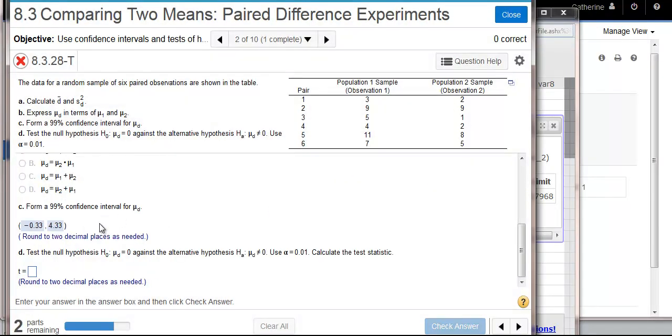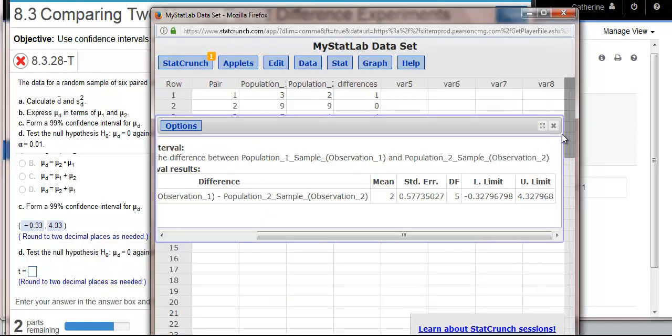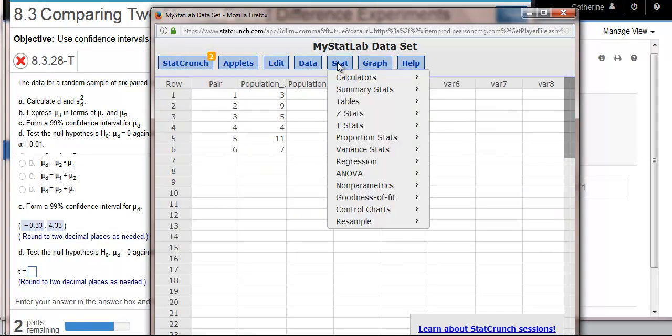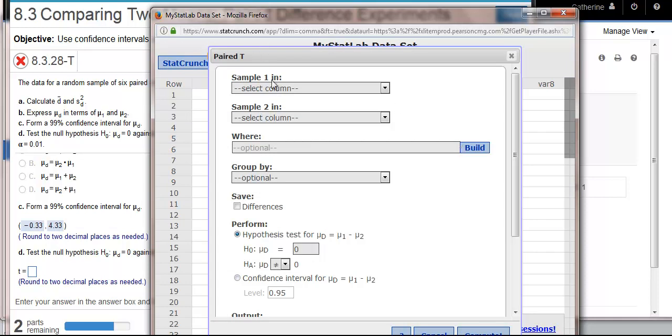So that worked out nicely, and now we want to do our t-test, so we can go back to StatCrunch for that as well. I'm going to close this window. Stats, T stats, we've got paired data. Again, we'll select our samples, and we're going to perform a hypothesis test. Our null hypothesis is that the mean of the differences is 0.